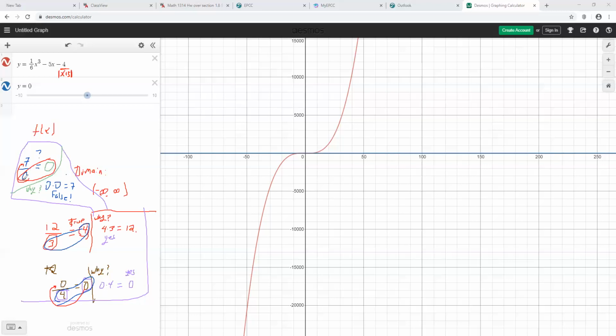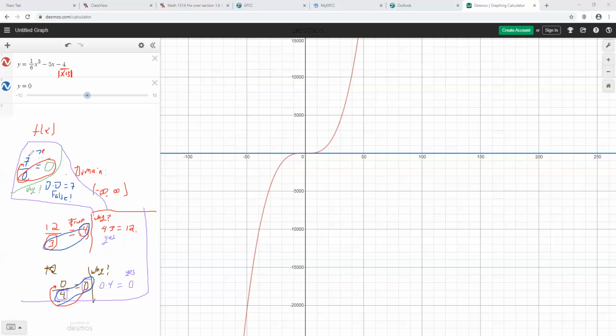Now what about this one? 7 divided by 0, is that 0? True, false, correct, incorrect? Well, if it's 0, and if 0 is correct, then when we multiply 0 times 0, we have to get back up to this number on top. Did we? No. Because what is 0 times 0 going to be? 0.